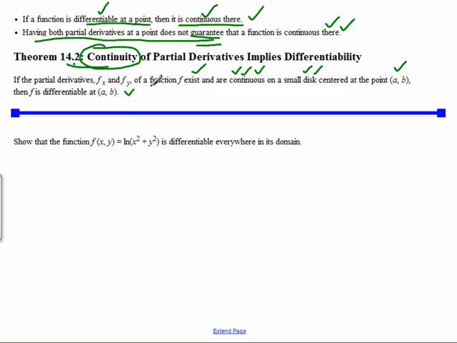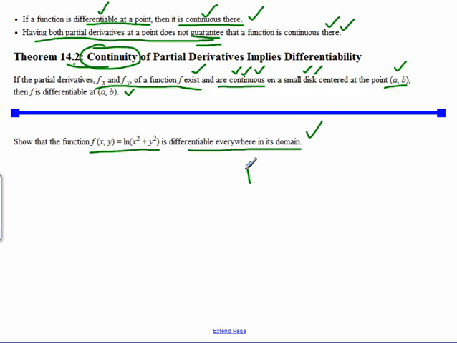So this is an important theorem that's saying that we can prove differentiability if the partials exist and are continuous right around the point of concern. So using that, let's show that this function is differentiable everywhere in its domain.